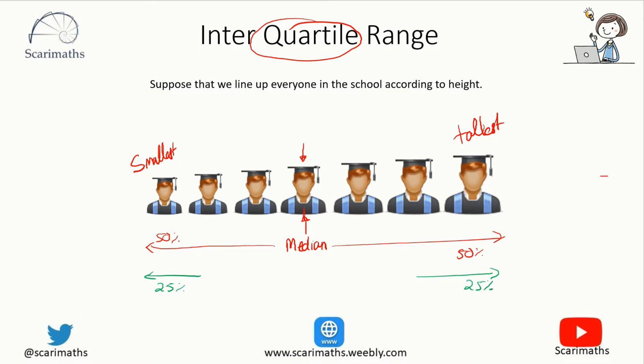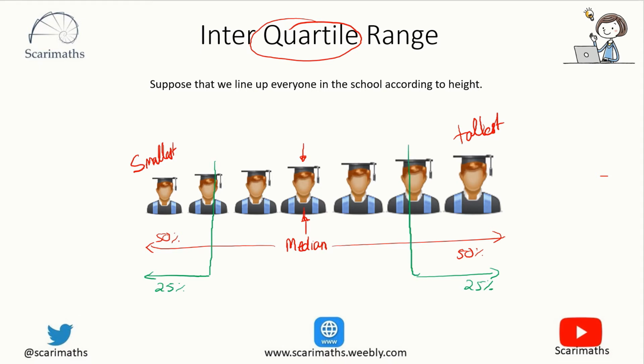Well, you can see here that that is actually going to be 3.5. So if we halve 3.5, you get 1.75, which means that our lower 25% is going to be there, and our upper 25% is going to be there.